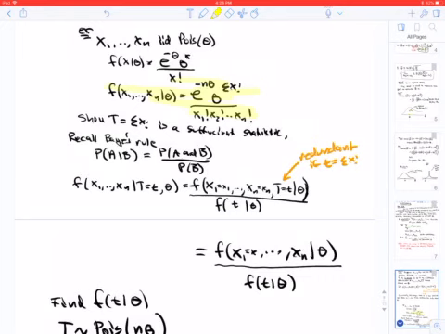If t is not the sum of x1 to xn, then this is 0, and so we're not really going to concern ourselves with that case.